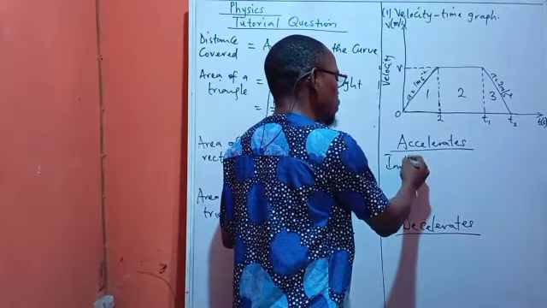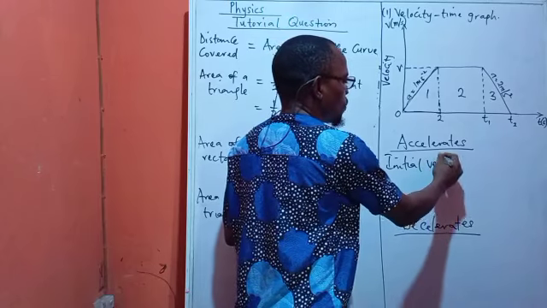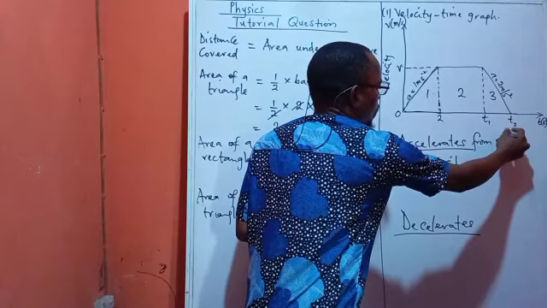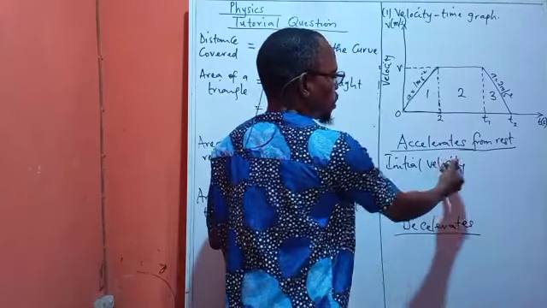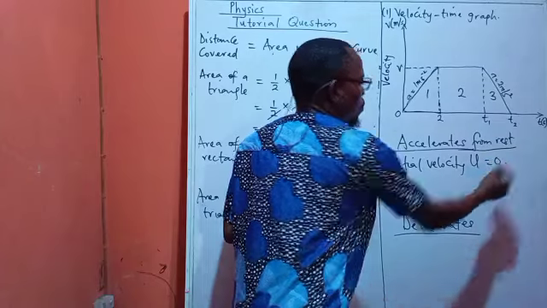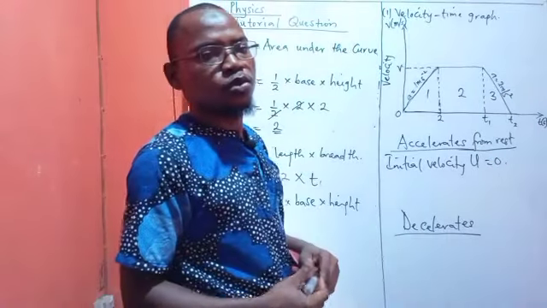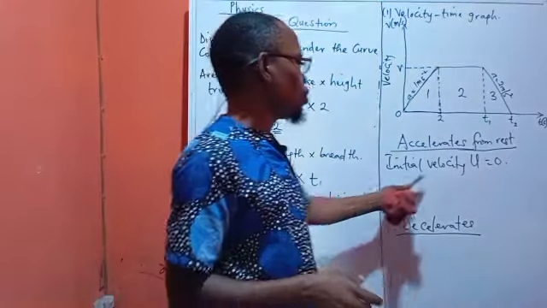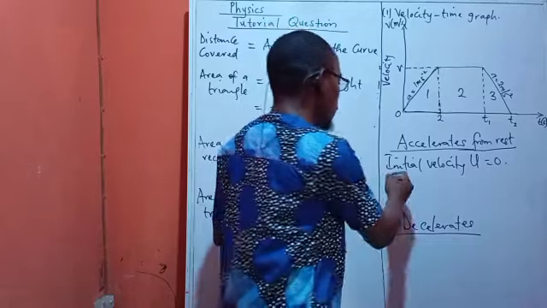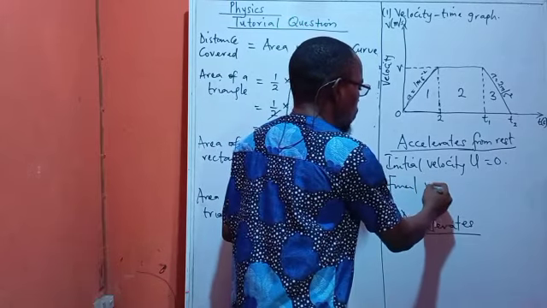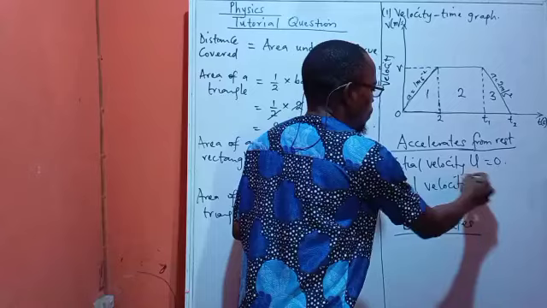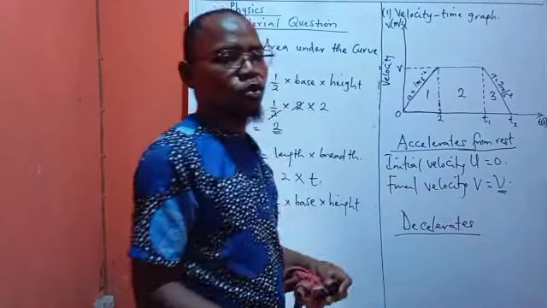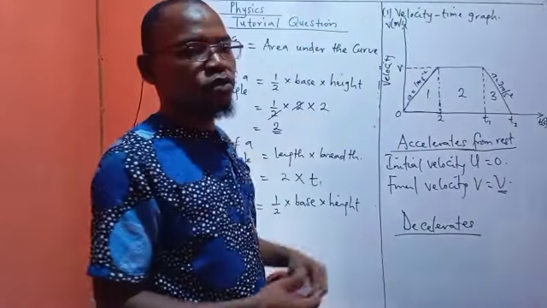Your initial velocity, so let's say accelerate from rest, it means your initial velocity u is 0. So that's the standard. Initial velocity u is 0, and our final velocity v will be given to us, or we need to calculate it just from what we've done in the question.